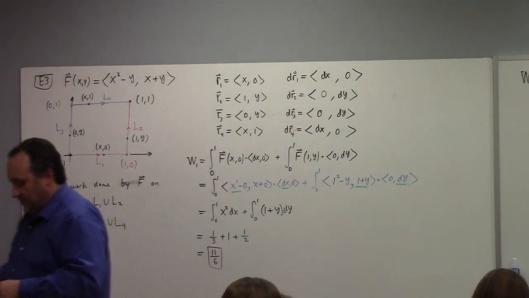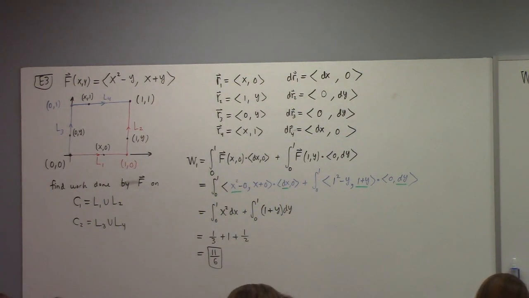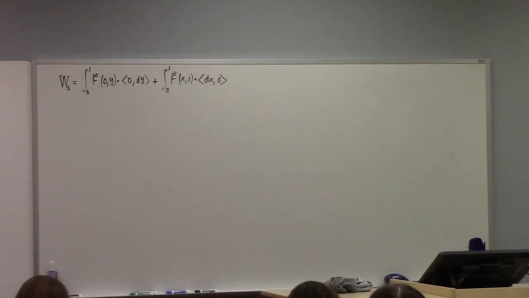Now we have to plug in the formula for the path in question to calculate the work done by the force in question. So we have to mind where the force is, because it's a force field. It behaves differently at different points. We have to evaluate the force field at the point in question.